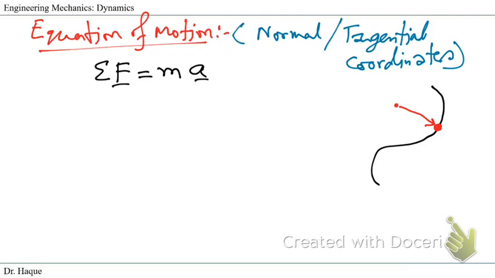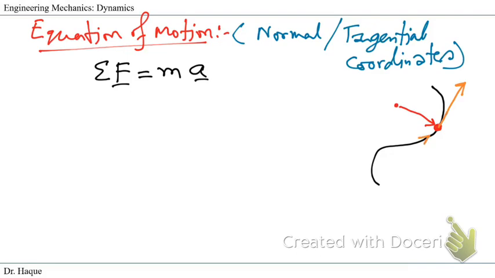For the normal tangential coordinate, it's easier because the tangential component of the motion is along the tangent of the direction the particle is moving, right?